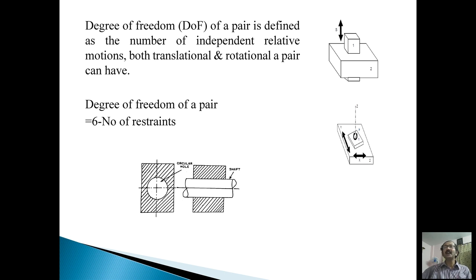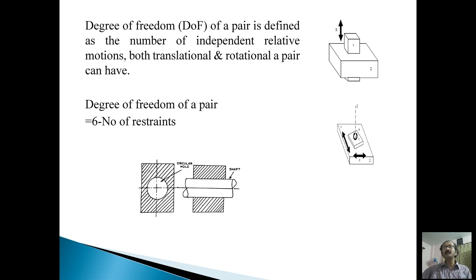Now, in the first diagram, one rectangular block is inside another rectangular block. So, there is only translational movement in one direction and other motions are restricted. So, in this case, the degree of freedom is 1.